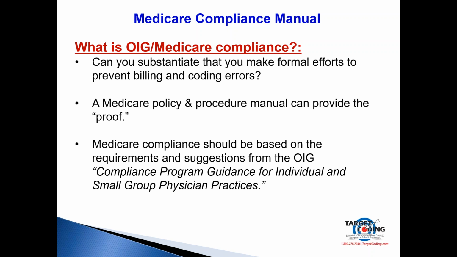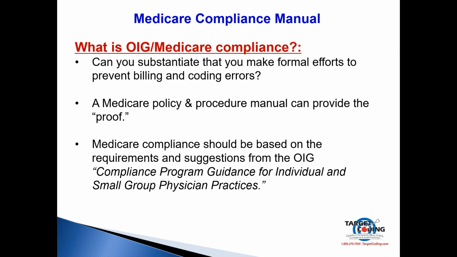So, because of the increased audits that are occurring with Medicare, you might get questioned, and you might get asked, do you make any attempts to prevent billing and coding errors? That might come up in a conversation with an auditor or an investigator, and not necessarily only with Medicare.